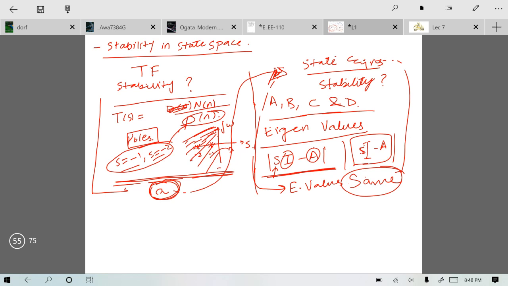If you have s = -1 and s = -2 as poles from the transfer function, then your eigenvalues from sI minus A would be s = -1 and s = -2.